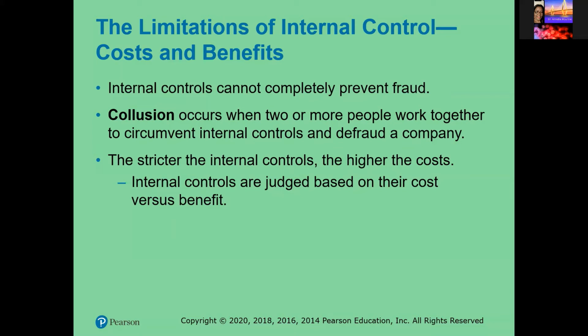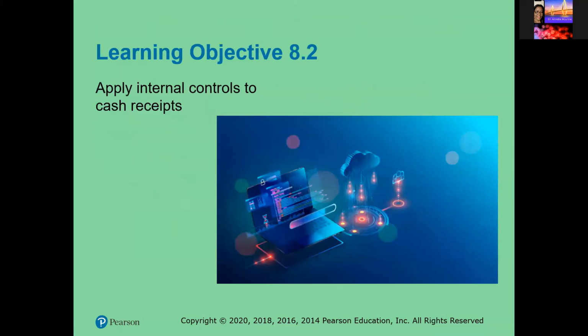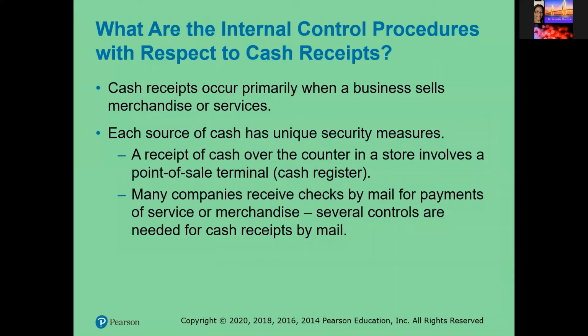Okay, this is the end of Learning Objective 8.1. Now we're getting to Learning Objective 8.2, apply internal controls to cash receipts. So what are internal control procedures with respect to cash receipts?